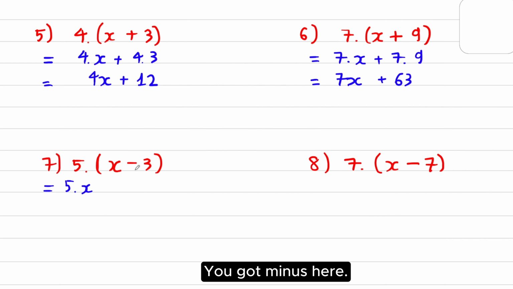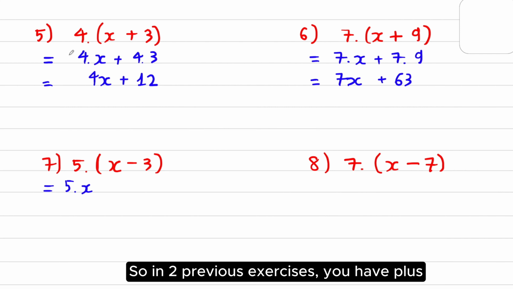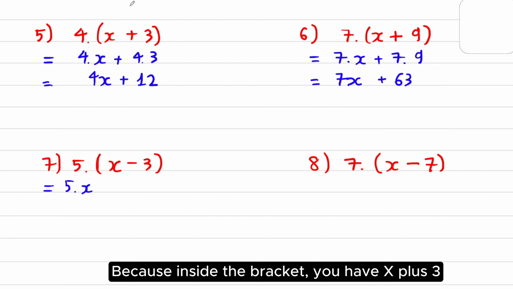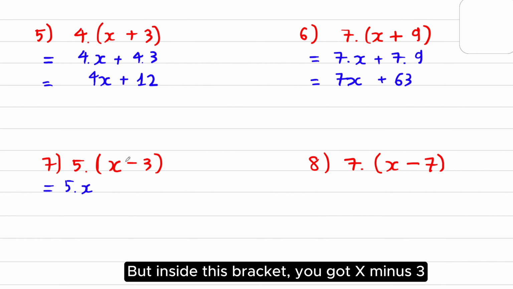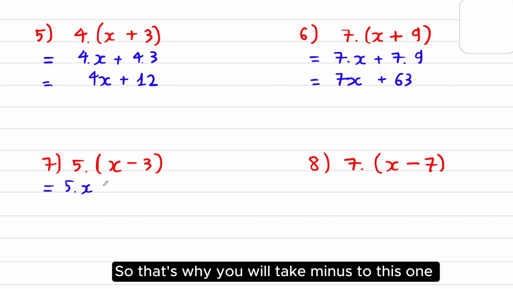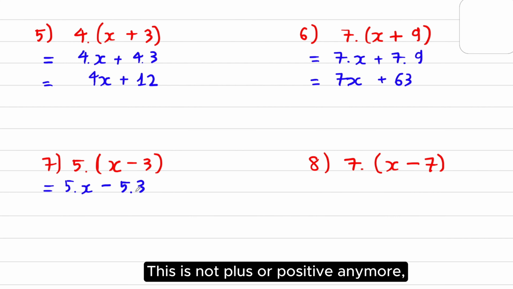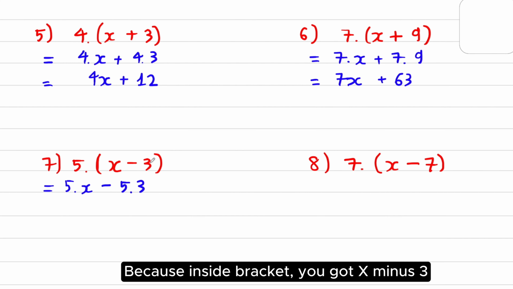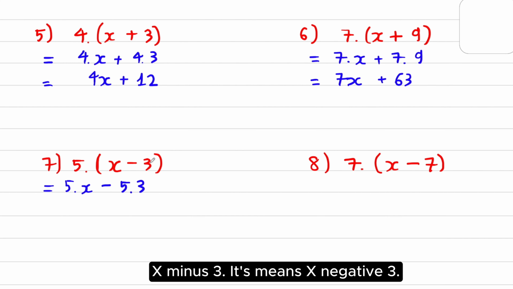You have a minus here. In the two previous exercises, you had plus because inside the bracket you had x plus 3. Now inside this bracket you have x minus 3. So that's why you will take minus in this one, and 5 times 3. This is not plus or positive anymore because inside the bracket you have x minus 3. x minus 3 means x plus negative 3.